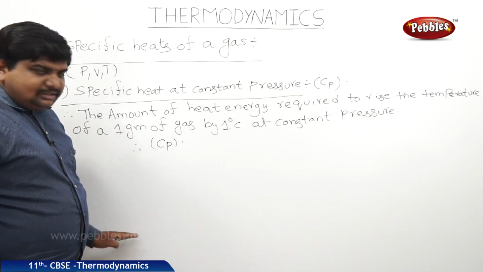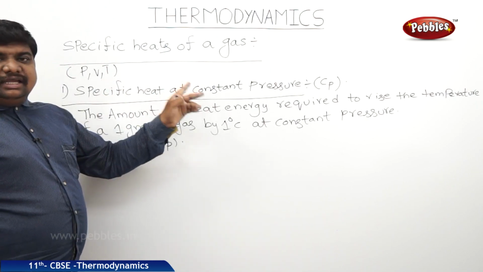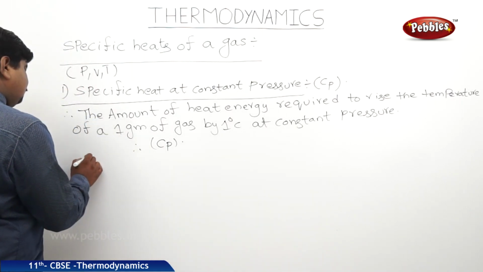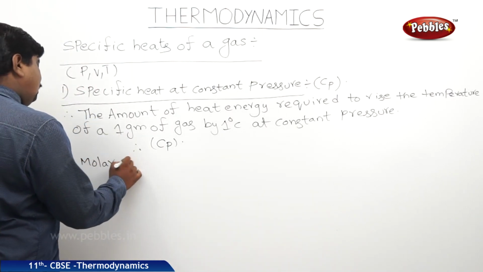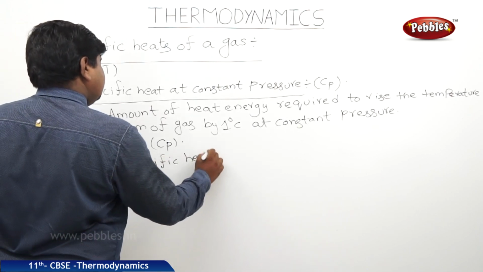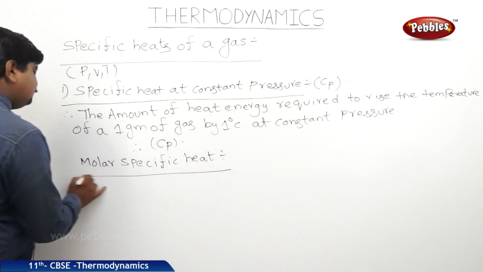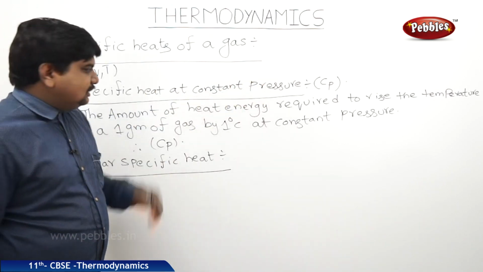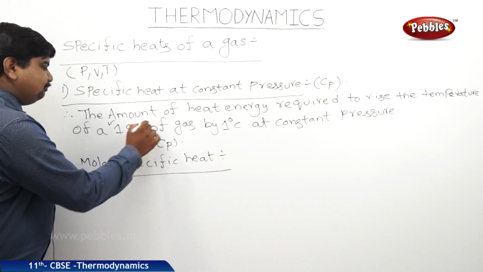There is another one, said to be the molar specific heat at constant pressure. In the definition of specific heat at constant pressure, we are writing 1 gram.